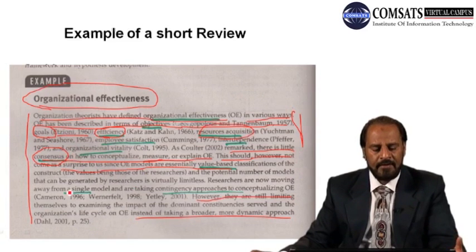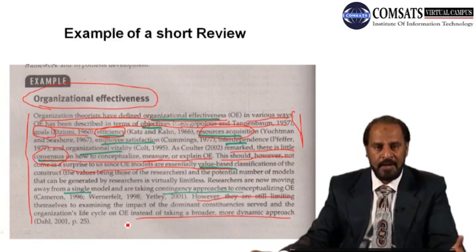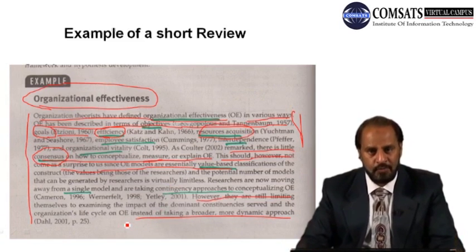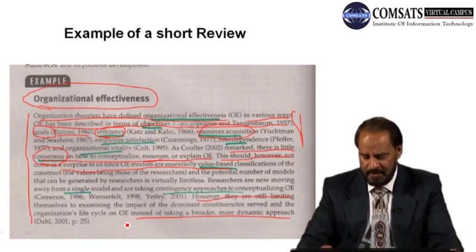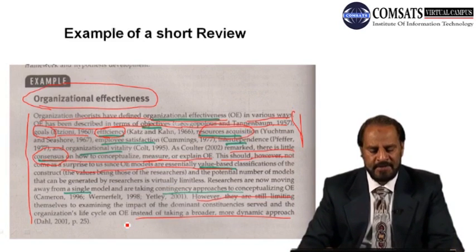So in this particular review article, as I said, he is defining the different terms, identifying the differences between them, and identifying the gap. Based on that, he is coming down to the point of identifying the research problem which this author intends to address.